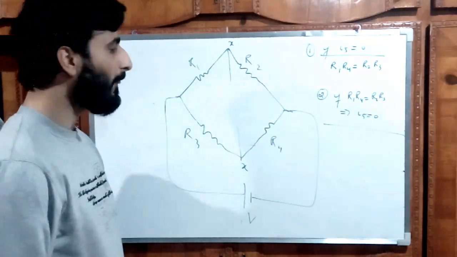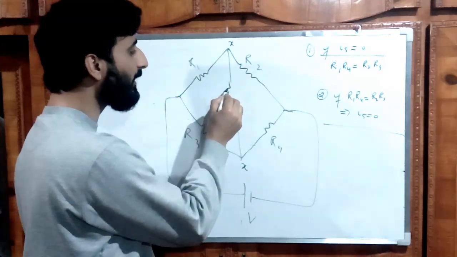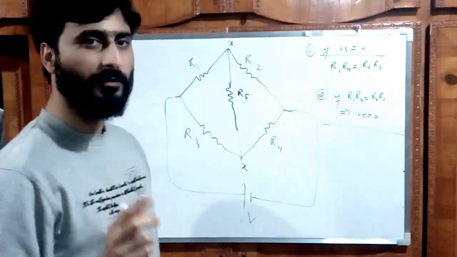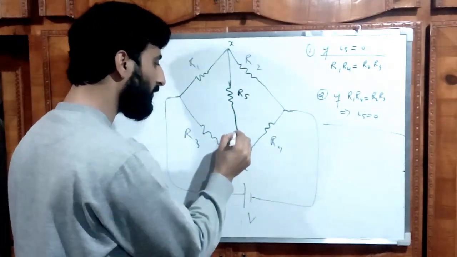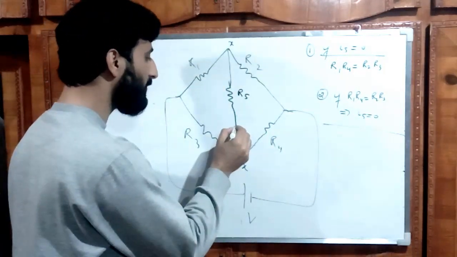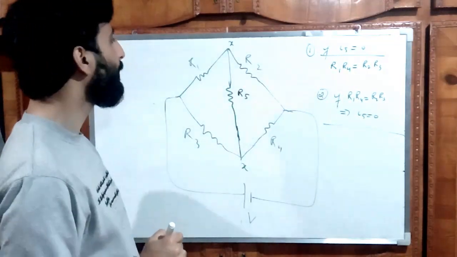No, we have to understand the difference between this circuit and this circuit. They are two different circuits. Anyway, we will practice a couple of questions on this so that we understand the importance of this R5.